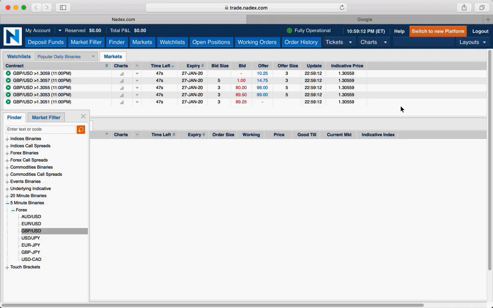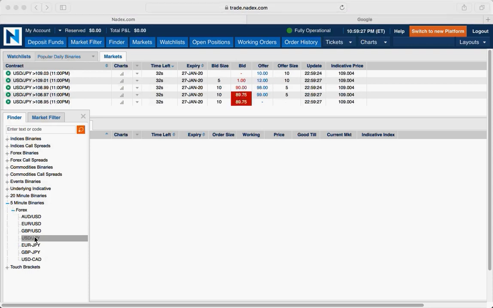Or I should say, it doesn't DQ the binary. It only DQs the binary if it comes in advance. If it comes after the fact, this is the equivalent of if you took a trade and you're in the trade, whatever happens after you're in the trade, you have no control over.